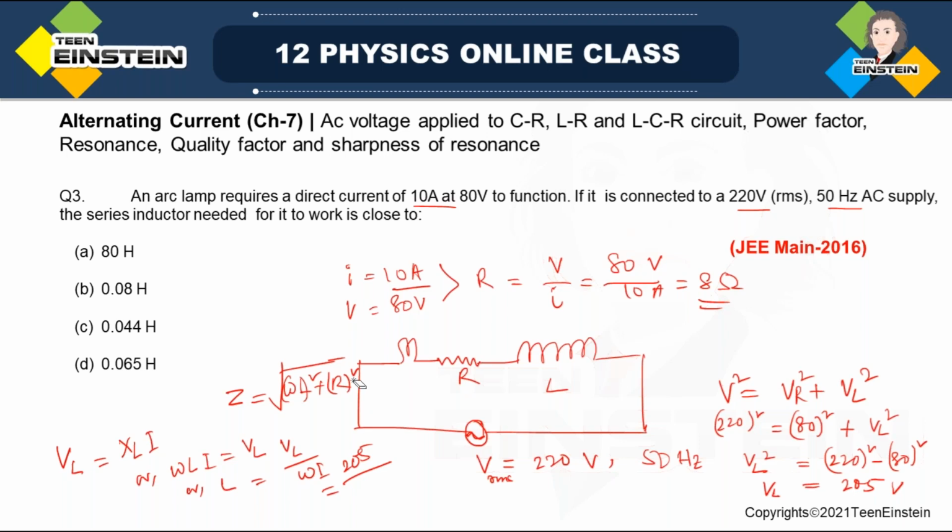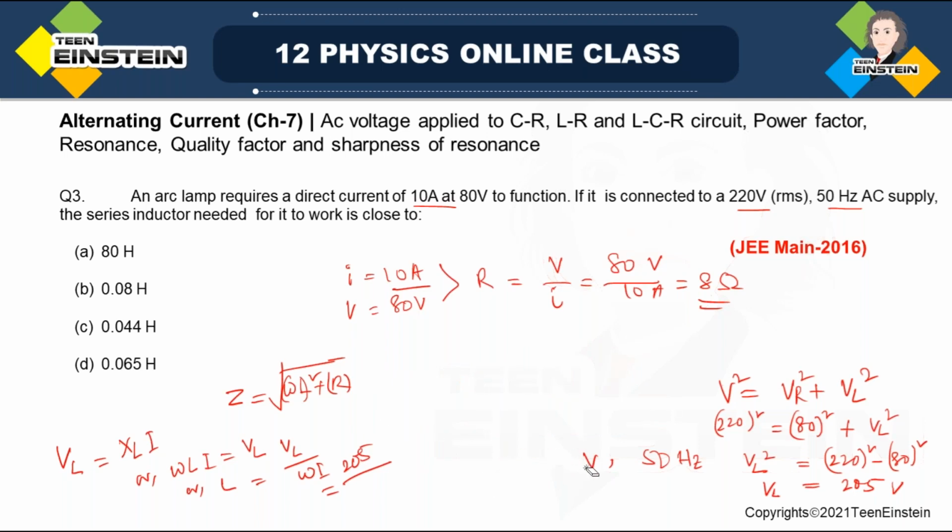I'll just erase this figure so that I get some space over here. Omega means 2 pi f. Frequency is given as 50 hertz, so we get 100 pi here.